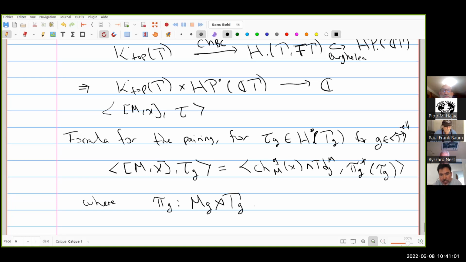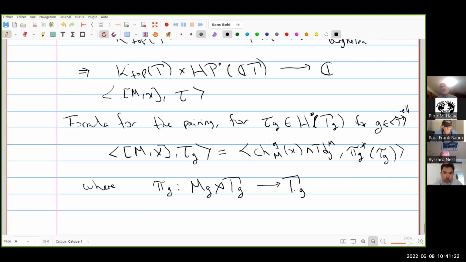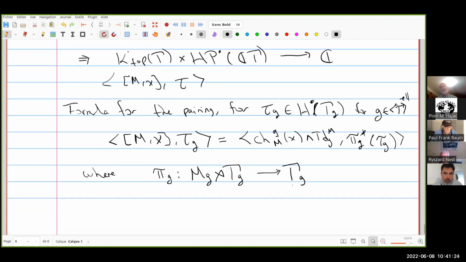So the centralizer acts on the fixed point manifold, MG. MG is the points that are fixed by G. In fact, the groupoid language becomes very useful, because there's a canonical projection from this groupoid to this group, which is just the projection, but it's a groupoid projection. So in groupoid cohomology, there's a pullback, which translates in terms of just invariant forms. This pullback is what I mean here.